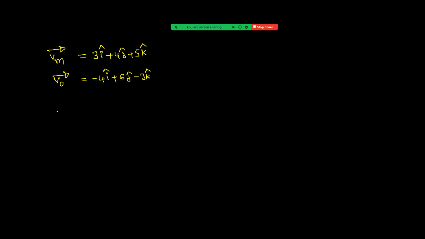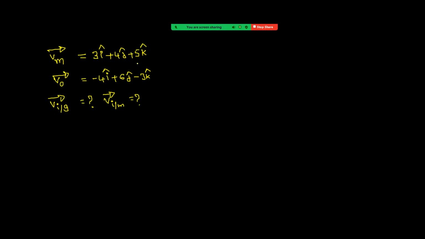So we have to find velocity of image with respect to ground and velocity of image with respect to mirror. So this is the given data. Let us see how to start.